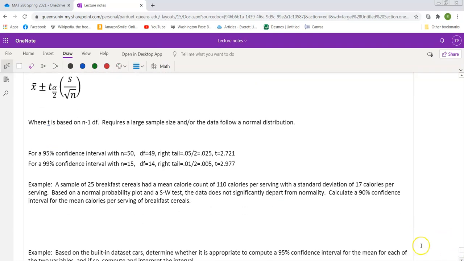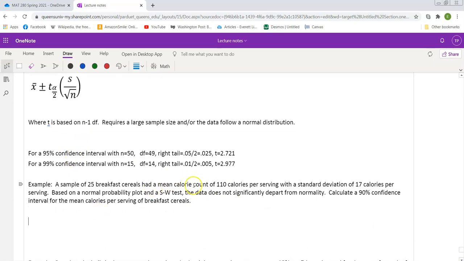All right, so in this example here, a sample of 25 breakfast cereals, so that's n equals 25, had a mean calorie count of 110 calories per serving, so X bar is 110, with a standard deviation.